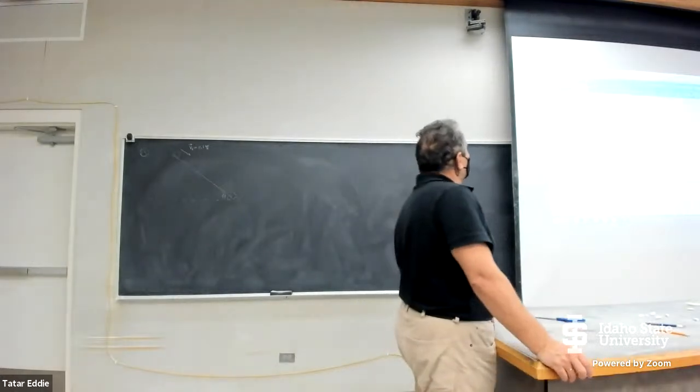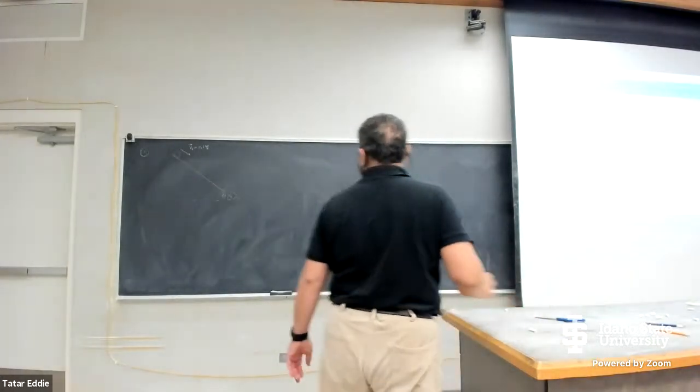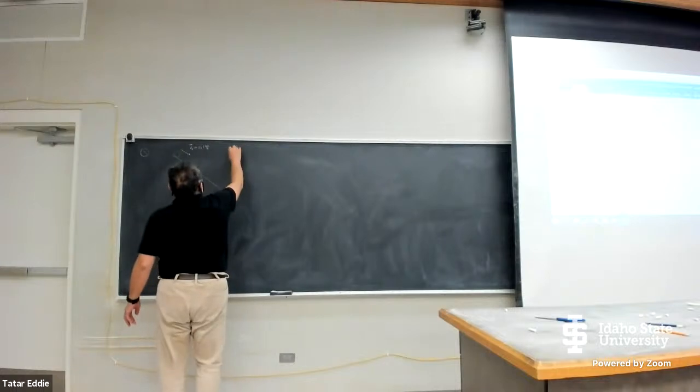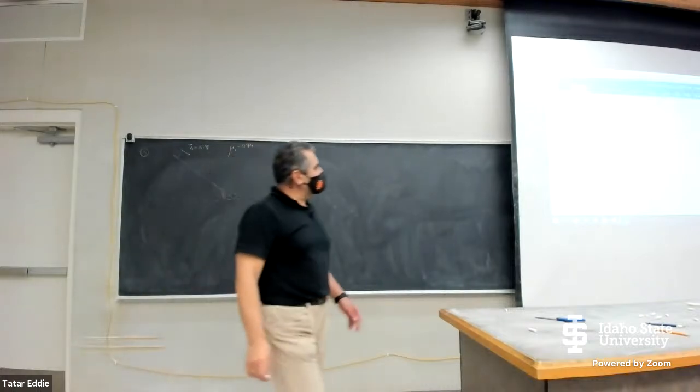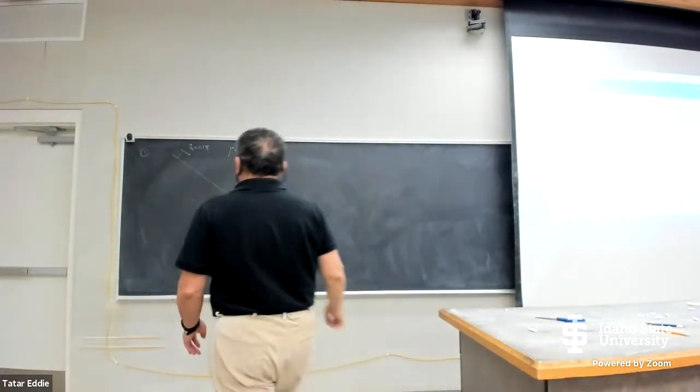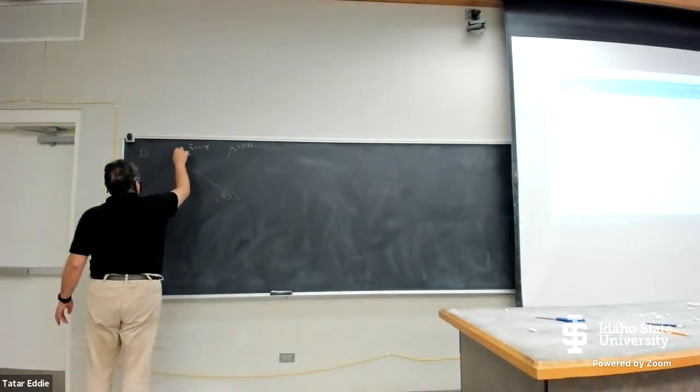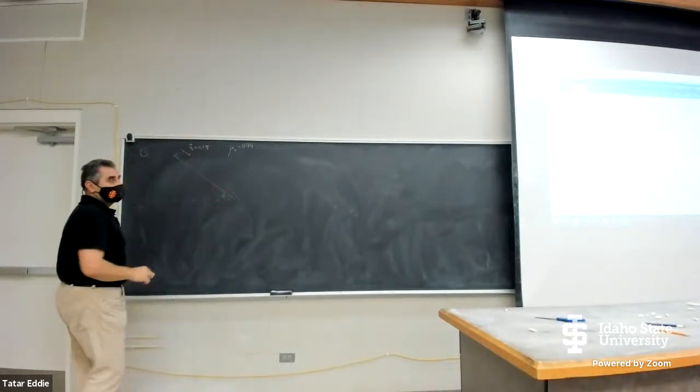And what else? Kinetic friction, 0.74. They're asking us to find the stopping distance, so the distance from here to here, this distance.